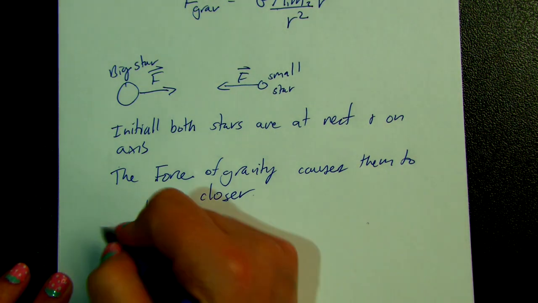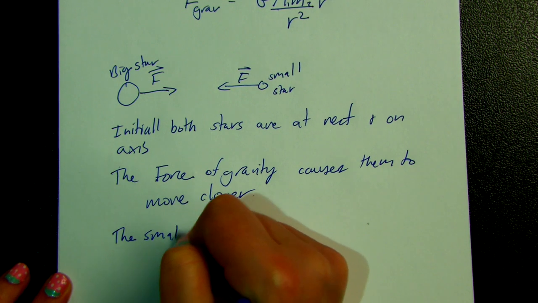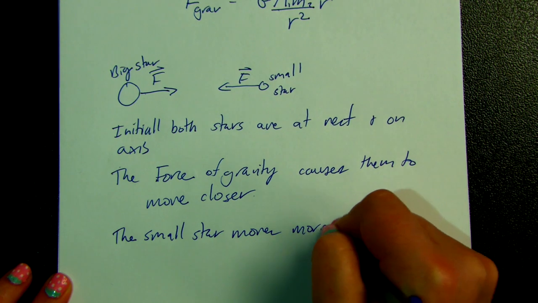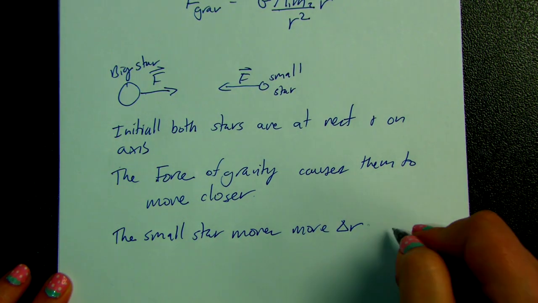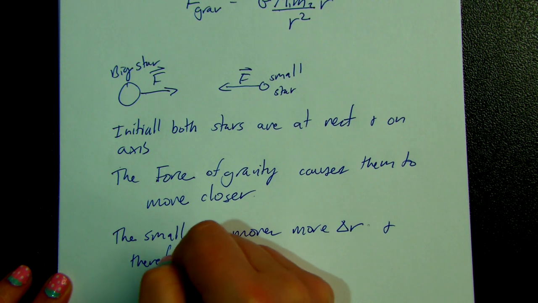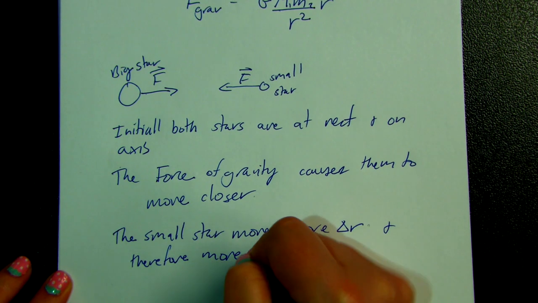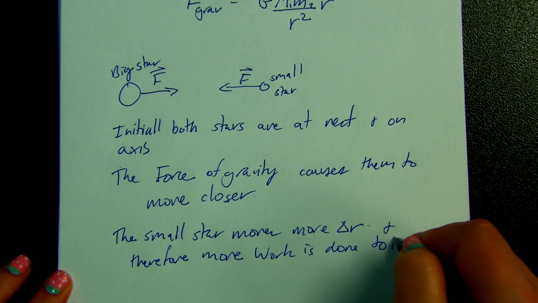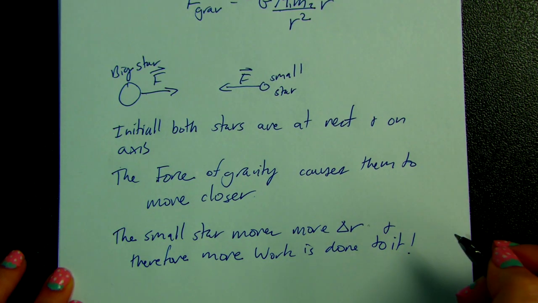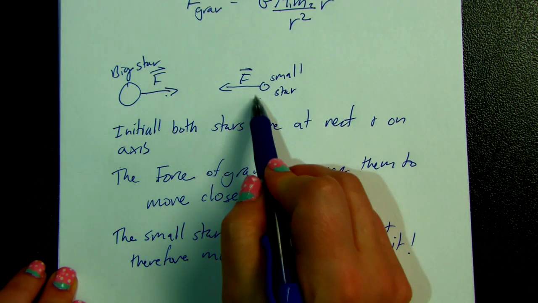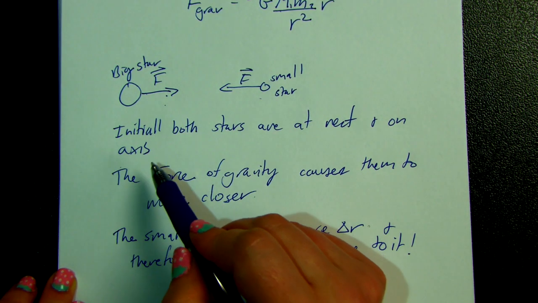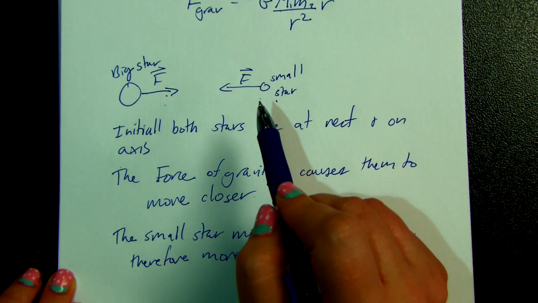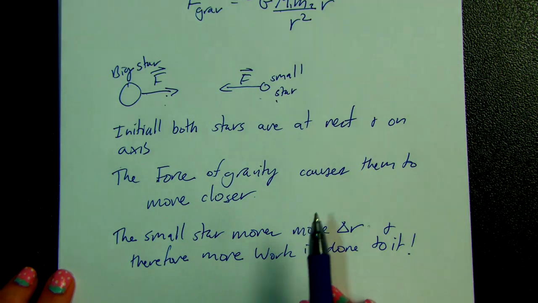The small star moves more, more delta r, and therefore more work is done to it. Remember, I told you the force between the two of them was the same. Work is related to force times the displacement. This one is more displaced, so therefore it has more work done to it.